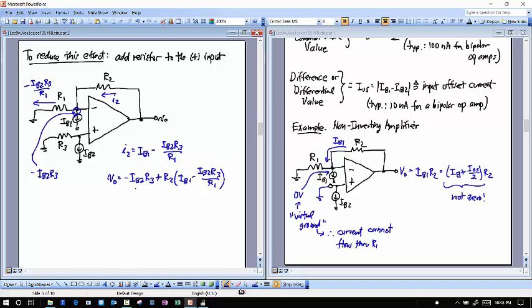So this minus IB2 R3 is just the voltage at the negative terminal, and then this voltage here is just the voltage that's generated by I2 across R2. Okay, so this is now our voltage, and obviously we've got things that can compete with one another. We've got negative signs and positive signs throughout this. And so we want to ask the question, what value of R3 makes this output voltage go to 0?